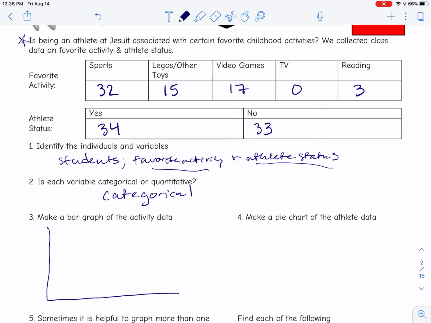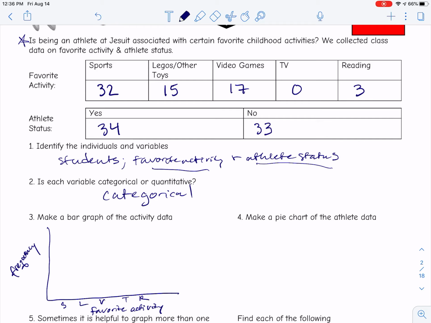So I'm going to label my axes: favorite activity and frequency. And we've got sports, Legos, video games, TV, and reading.